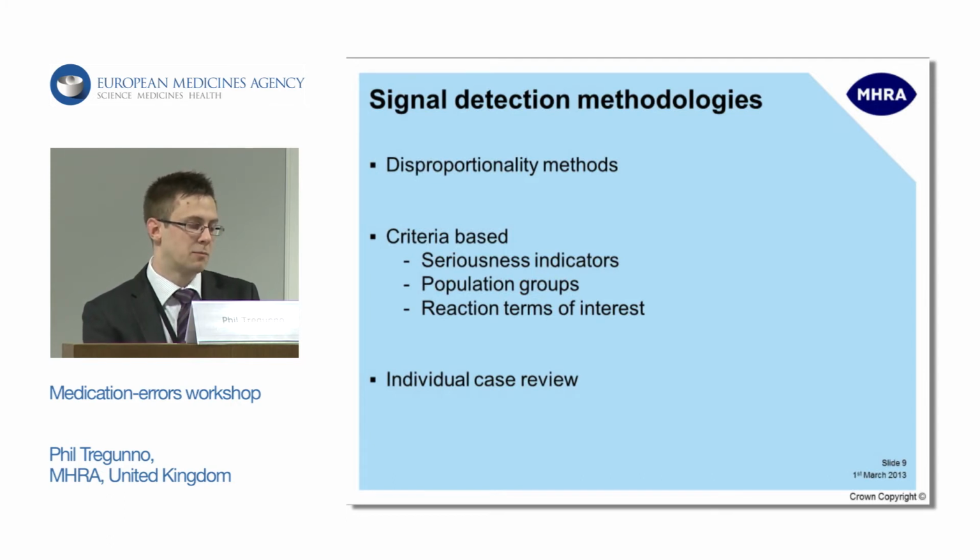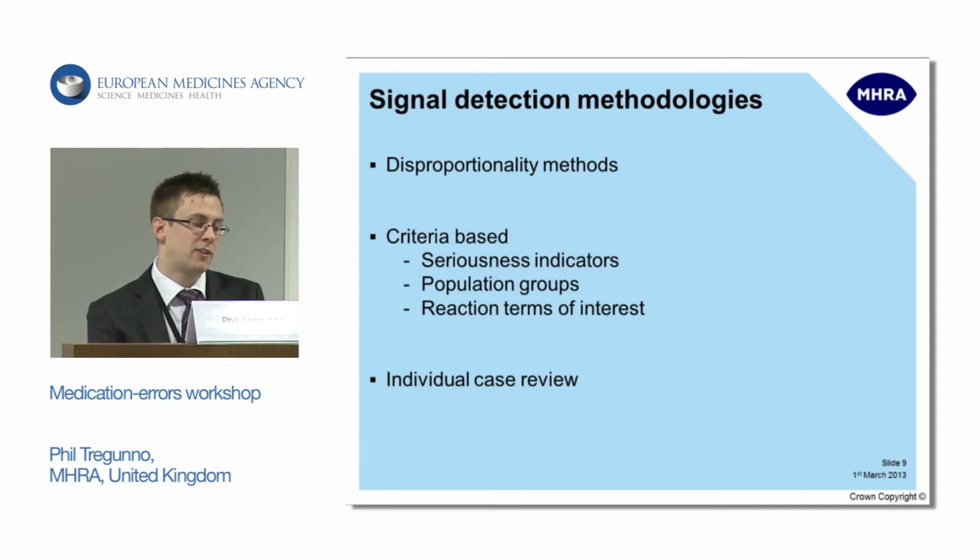And then criteria-based methods. So have we received over a certain threshold of numbers of reports? Have we received a particular type of seriousness indicators? Have we got a number of fatal reports? Are we looking at specific population groups of interest, such as pediatrics, the elderly population, or parent-child reports?